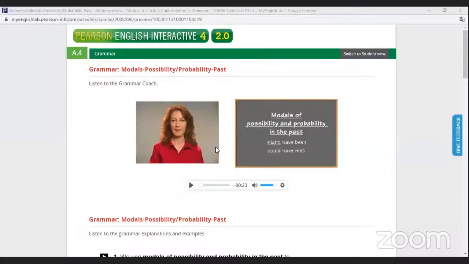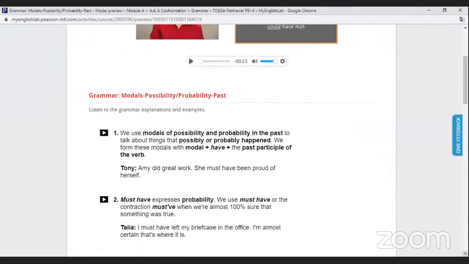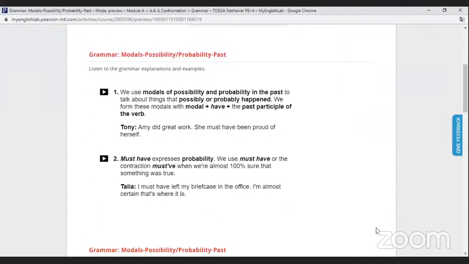So let's check this. We're going to see modals of possibility and probability, but in the past. In number one, we use modals of possibility and probability in the past to talk about things that possibly or probably happened. We form these modals with modal plus have plus the past participle of the verb.